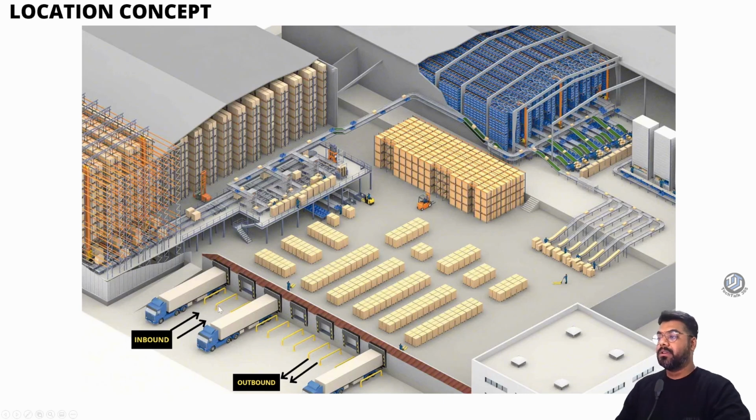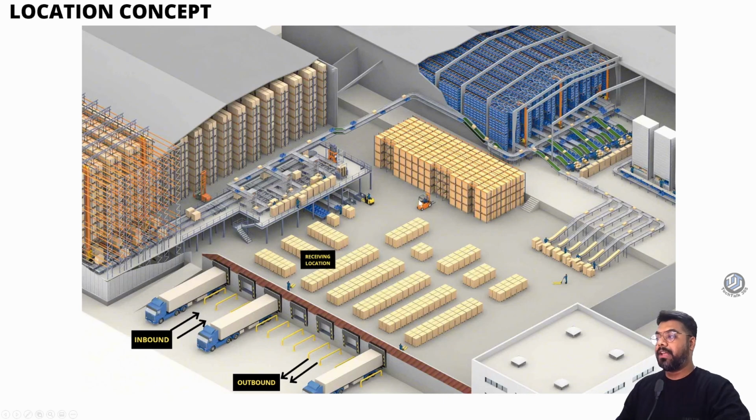As soon as the goods come in, you need to park them in a staging area. We can call it the in-dock location or a receiving location. This is the area where you take out the stock, park it, unpack it, and process it for the put away process to start.